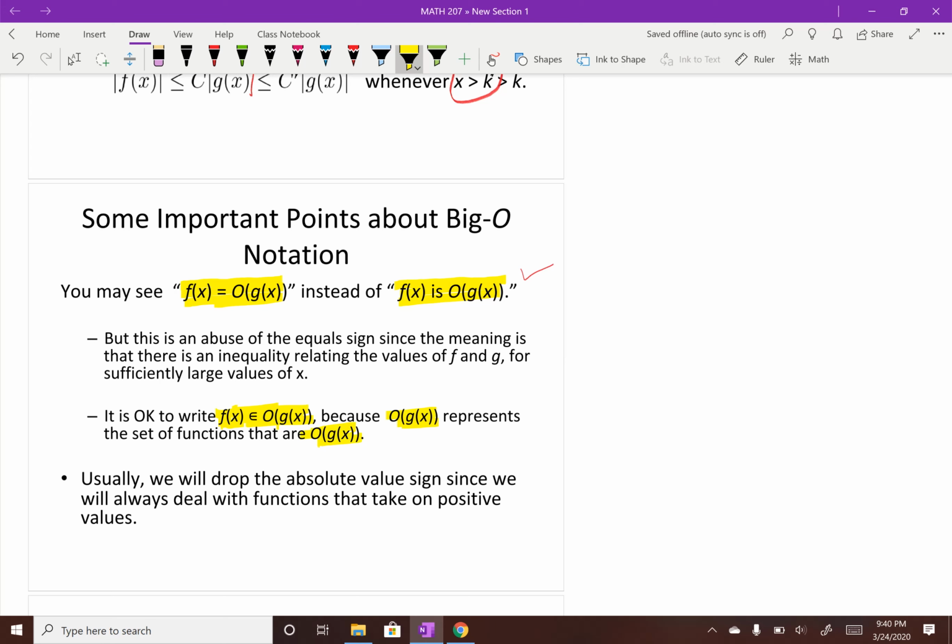And another thing which you will see in computer science literature: instead of proving the inequality that the absolute value of f of x is less than or equal to c times the absolute value of g of x, usually you see f of x less than or equal to c times g of x, and this is because the functions are positive functions.